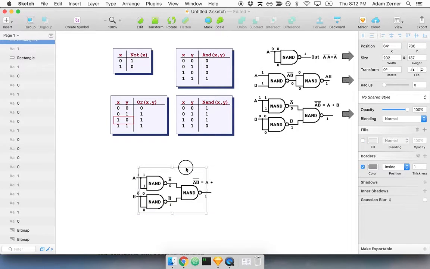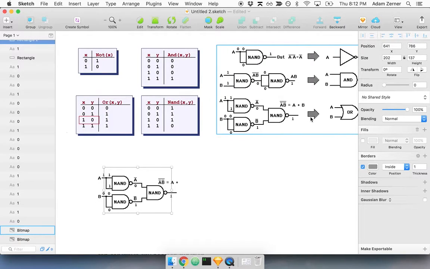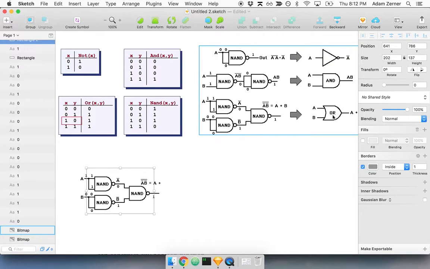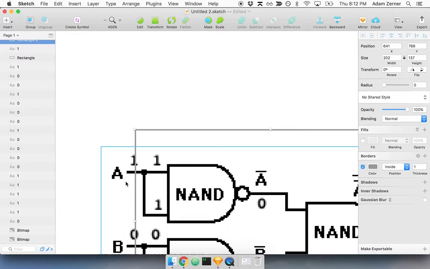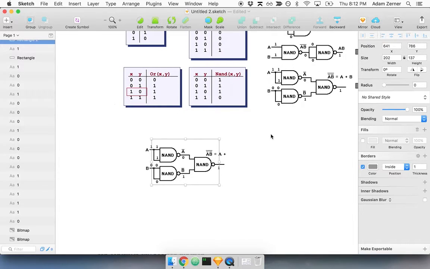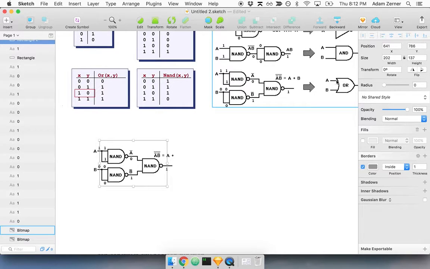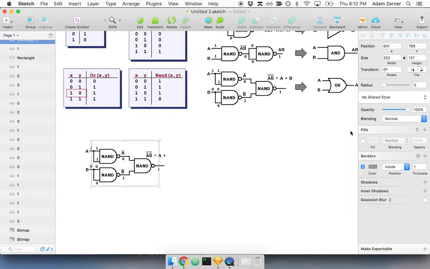Okay, so everything inside of this gray box corresponds to everything inside of here. So let's zoom in a little bit. This little snippet here corresponds to this little snippet here. And this little snippet corresponds to this outside of the box. And this little bit corresponds to this.